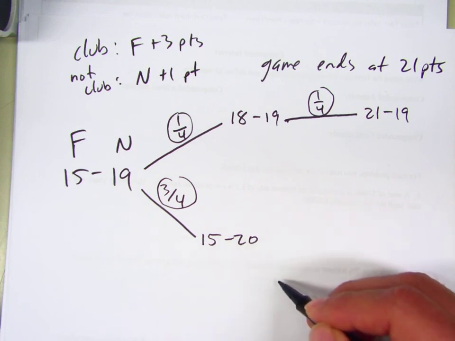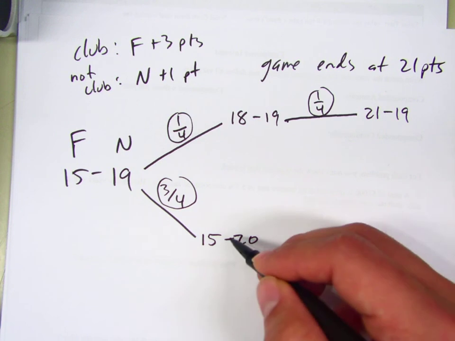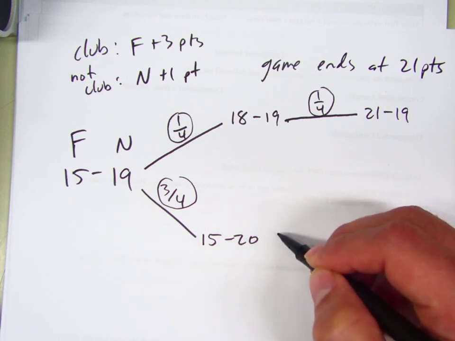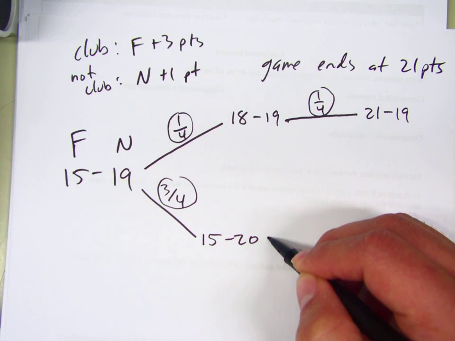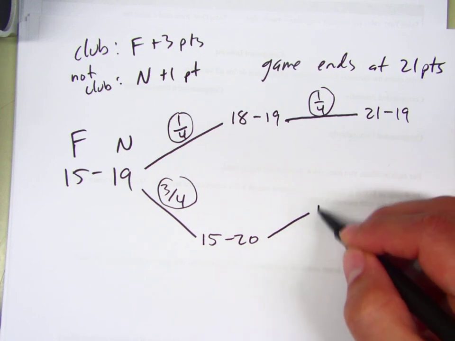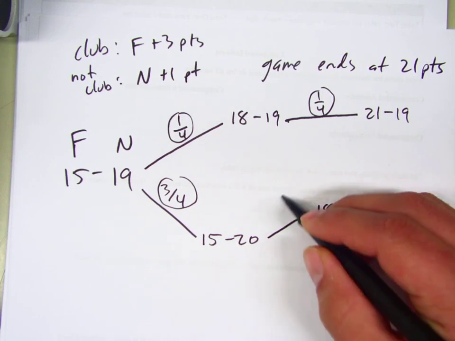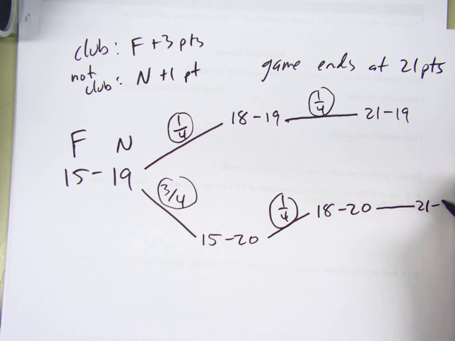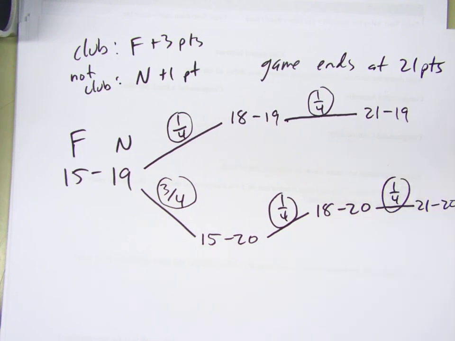No, because then Flossie doesn't win, right? So in order for Flossie to win, now she's got to win. And so now the score would be 18 to 20, and that happens 1/4 of the time. And she would have to win again to finish at a score of 21 to 20. And that happens 1/4 of the time.